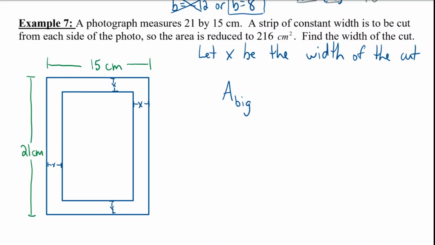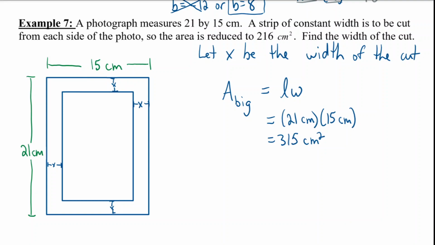This initial picture is length times width, and we know the length and width is 21 centimeters by 15 centimeters. And we can get that area if you like. That's going to be 21 times 15. So our initial area is 315 centimeters. And we'll see if this kind of helps us at all later on.